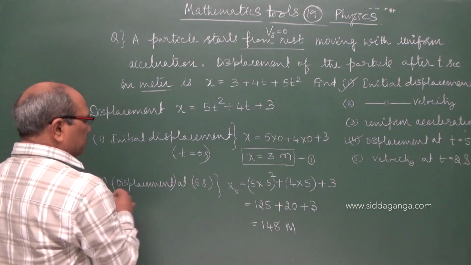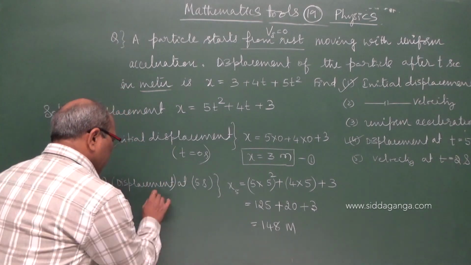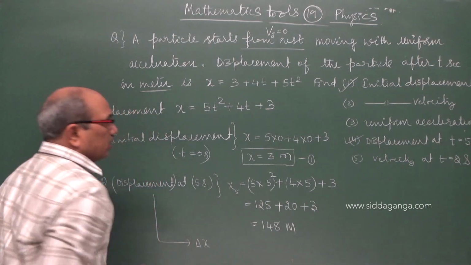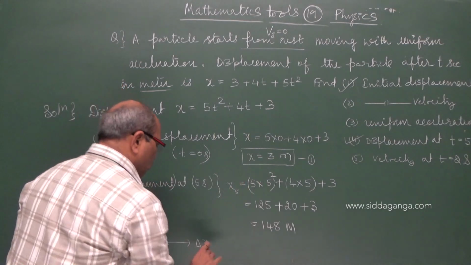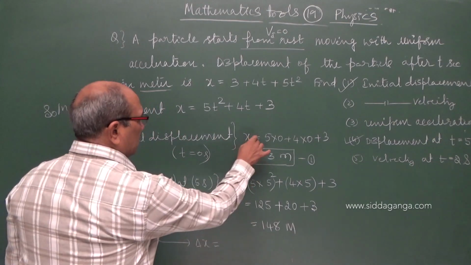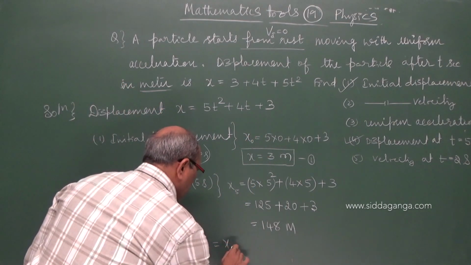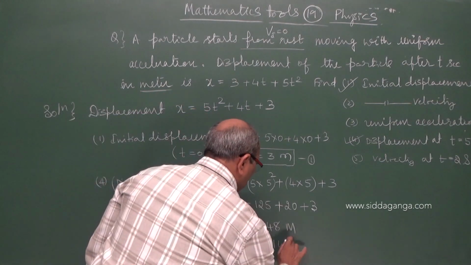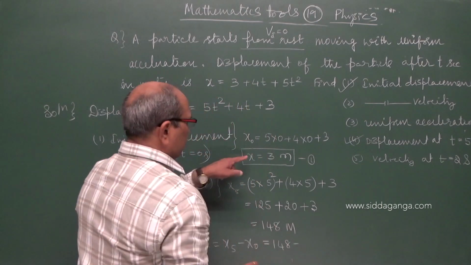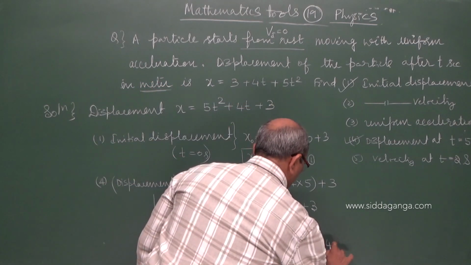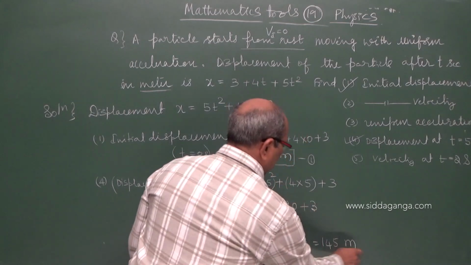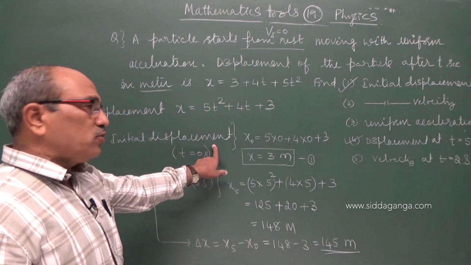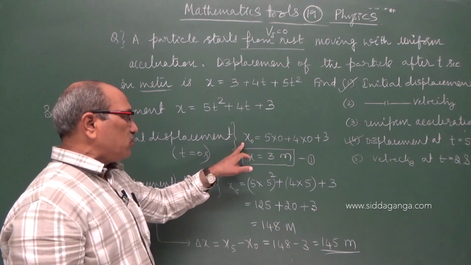The displacement is actually delta x, from 0 to 5 seconds: x5 minus x0, 148 minus 3 equals 145 meters. This is the answer.